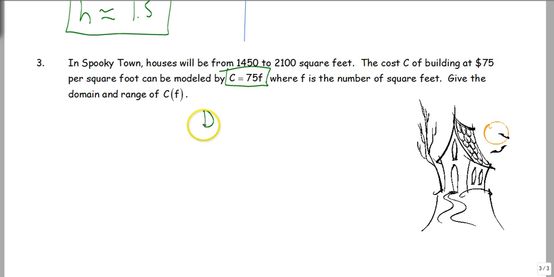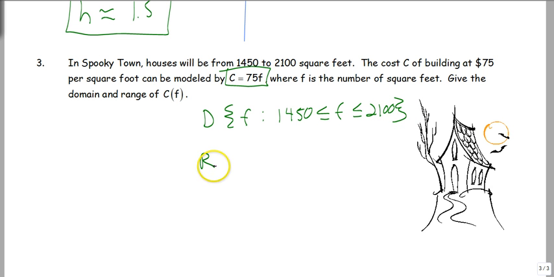So my domain is the value of F in feet, and the value in feet can be between 1,450 to 2100. That's all I had to do for that.